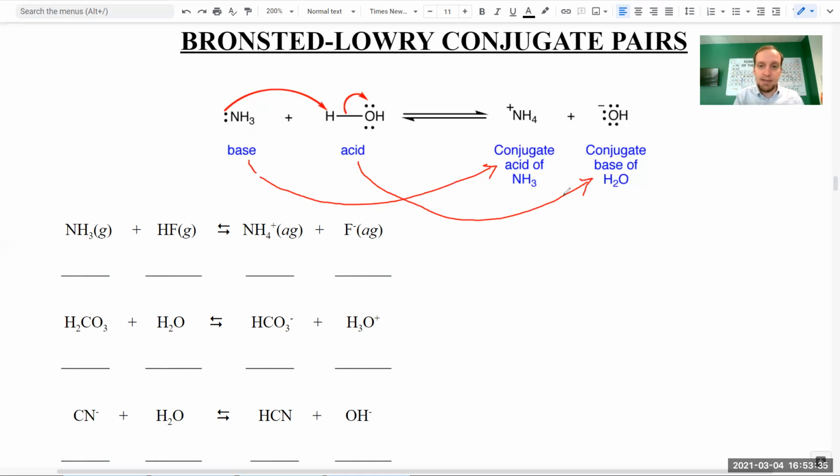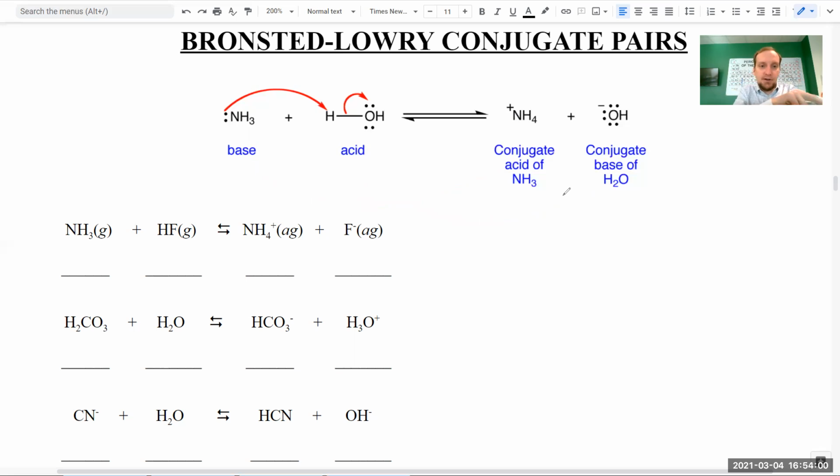Therefore, the NH3 is the base. It took on an extra proton or extra H. Therefore, the NH4 is the conjugate acid form of the NH3. The water, H2O, has lost the H, so it is the acid. And then again, it's going to be a conjugate base as OH because, again, it has no H. It lost an H. It has one less.